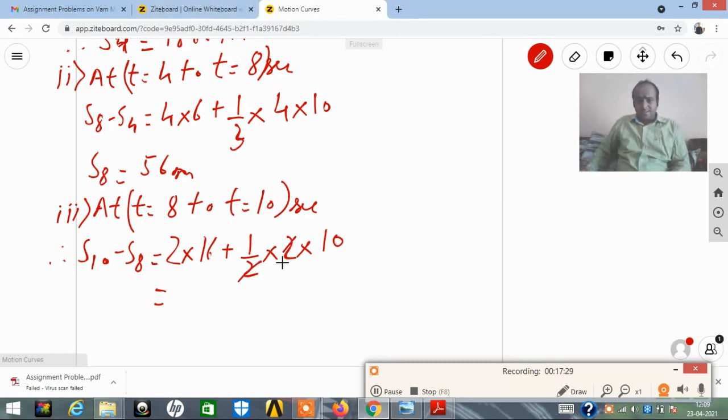So 32 plus 10 is 42, plus 56, it is 98. So S10 is equal to 98 meters.